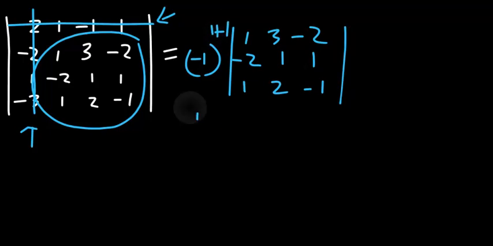So in this case, this term will simply become 1. Now we have to multiply this cofactor by the element itself, which in this case is 2.